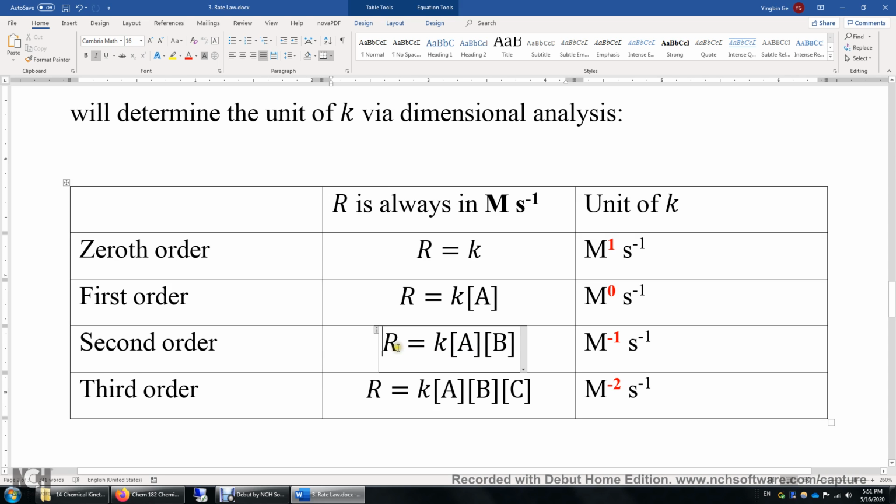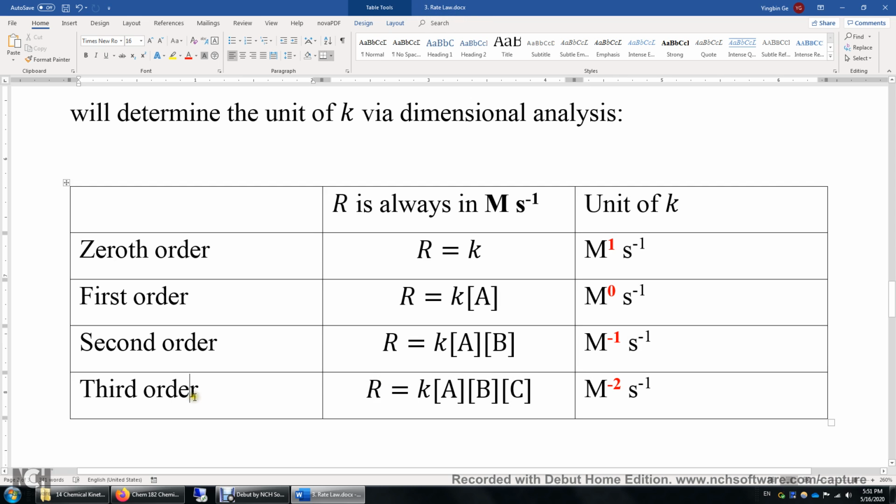On the left-hand side, the unit is molar per second. On the right-hand side, it's the unit of K times molar squared. Therefore, the unit of K is molar per second divided by molar squared. The unit of K is molar to the power negative 1 times second to the power negative 1.